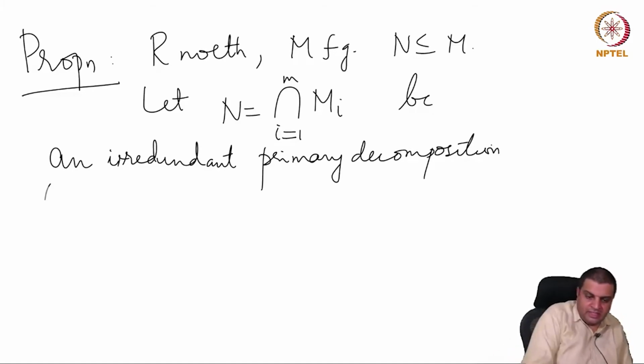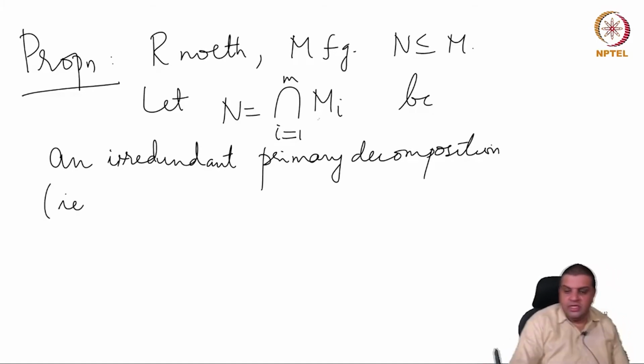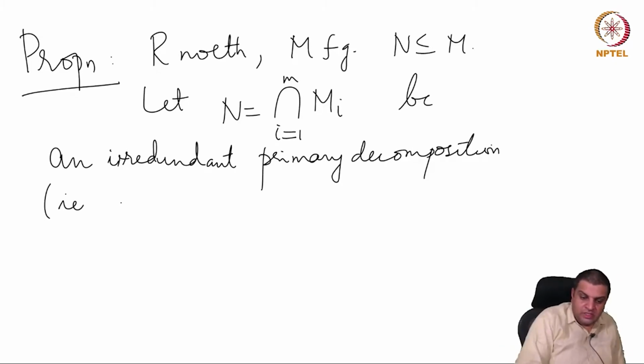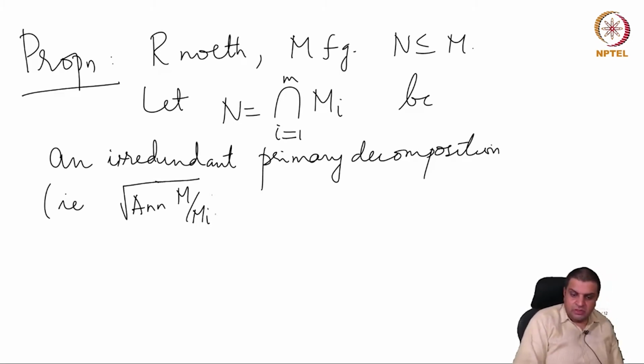So each of these is primary. In other words, the radical of the annihilator of M mod Mi is a prime ideal, and Mi is primary for this prime.